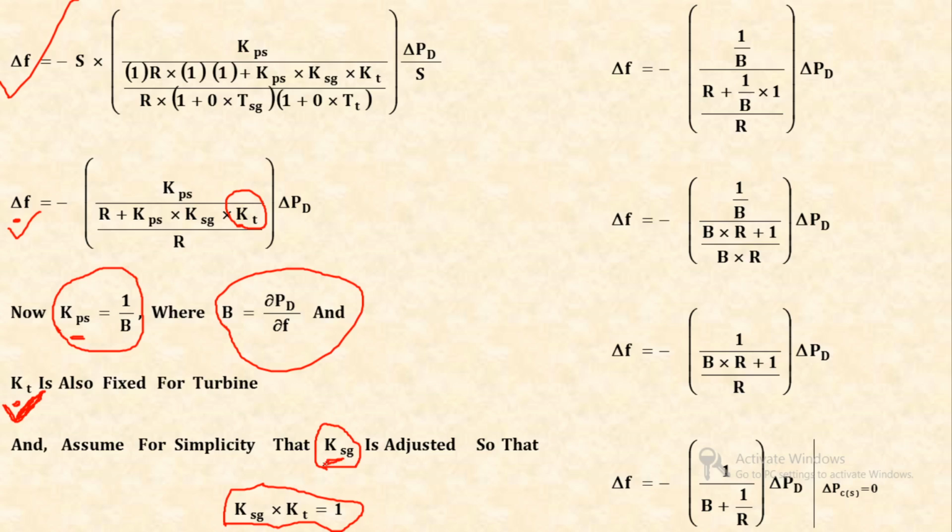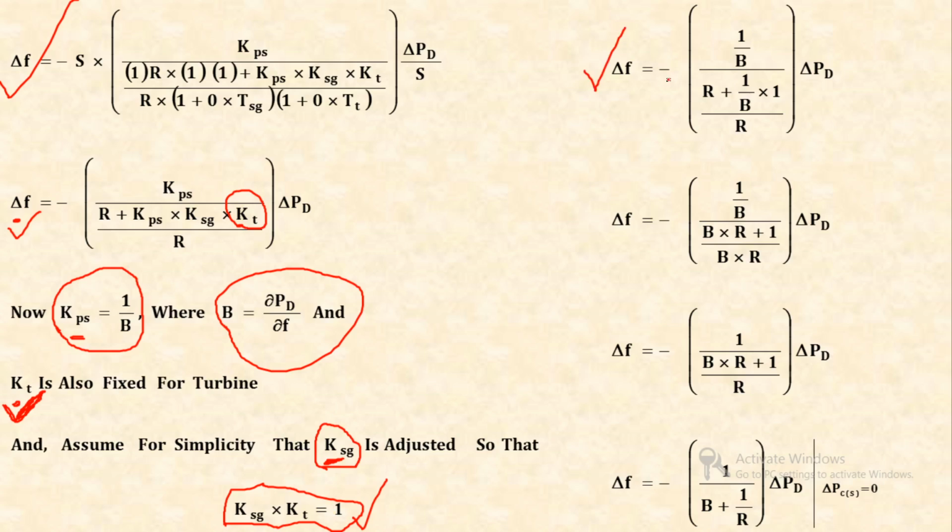And KSG, the gain of the speed governing system, is adjustable. So for simplicity, KSG is adjusted so that the multiplication of KSG with KT is equal to 1, because KT is constant. So KSG is adjusted so that the multiplication of KSG with KT will remain 1. With this simplification, let us solve for the value of delta F.